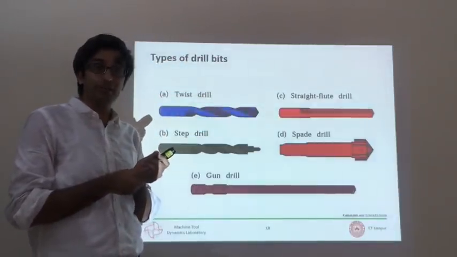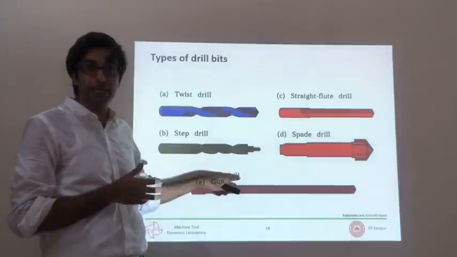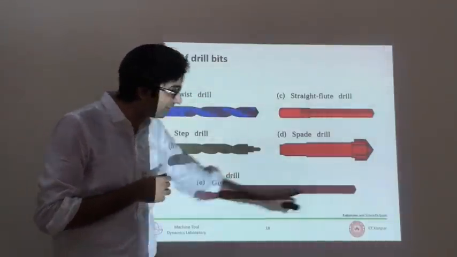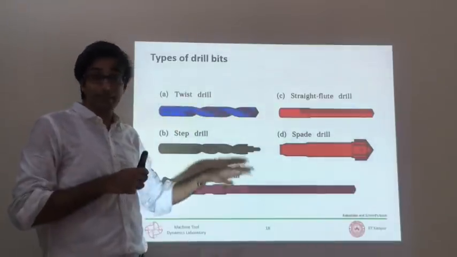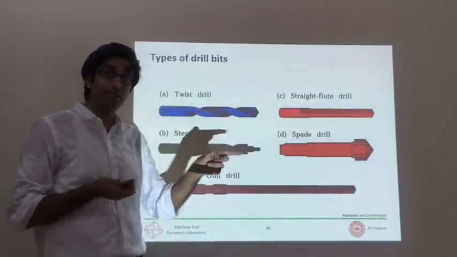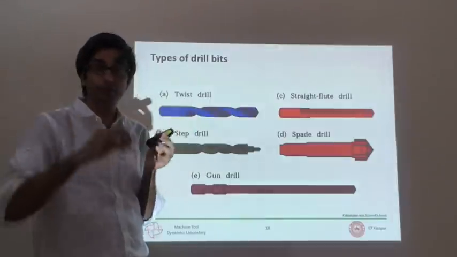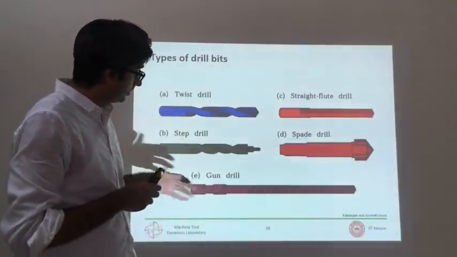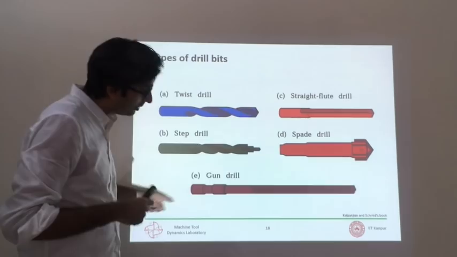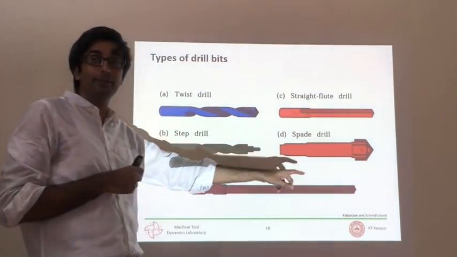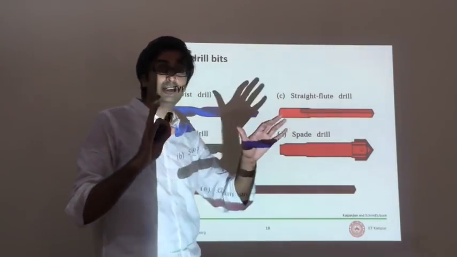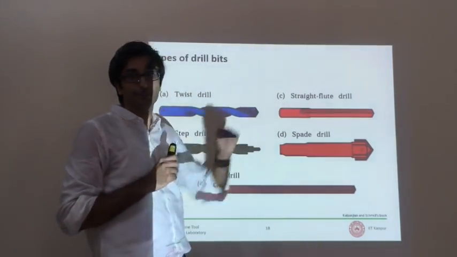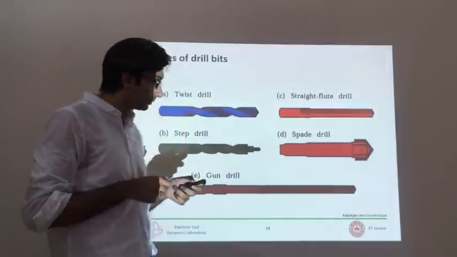That's not very trivial. You make special drills for that called gun drills. They are very different geometry than all the drills before that. First you drill, then you bore, and then finally you get a nice looking gun barrel. But this is used in those applications, very long, very high length to diameter ratio applications. Its geometry at the edge is very different than these geometries. So again, I will not talk about it.